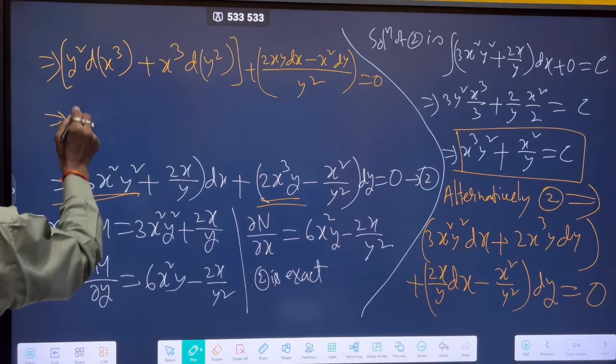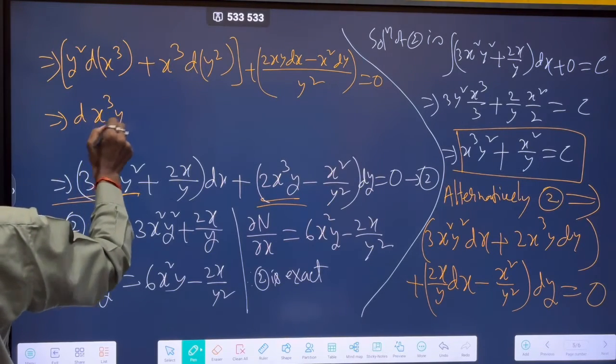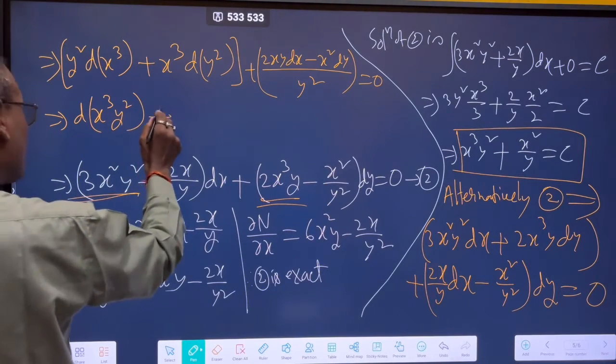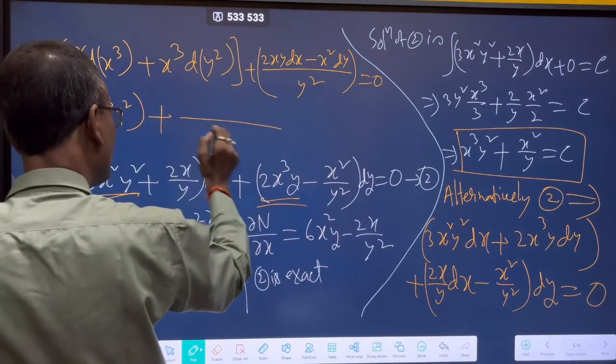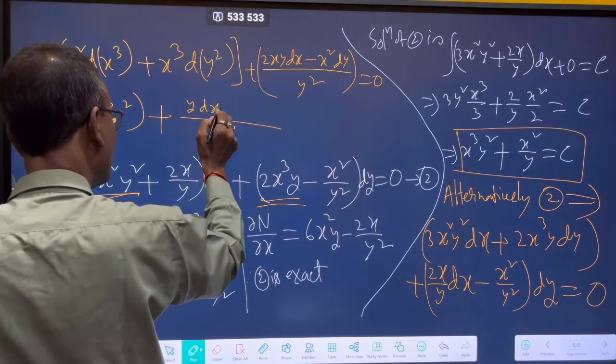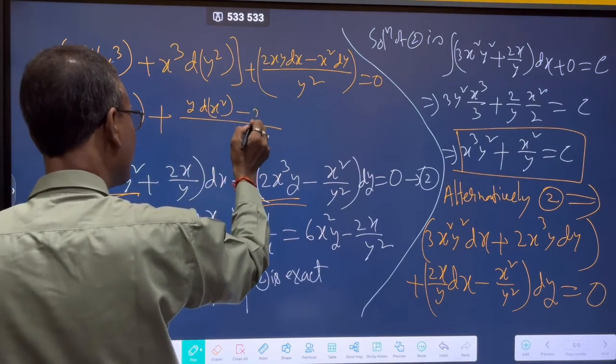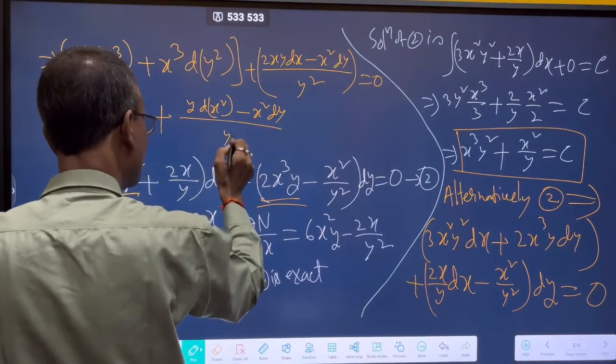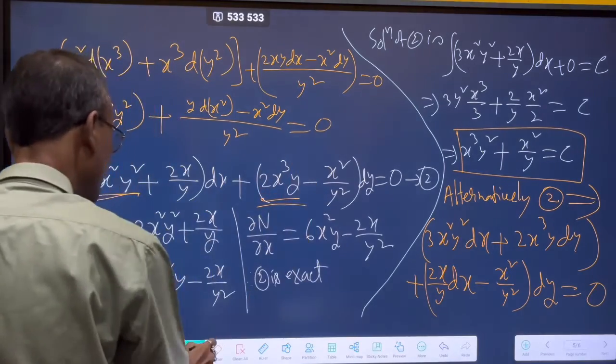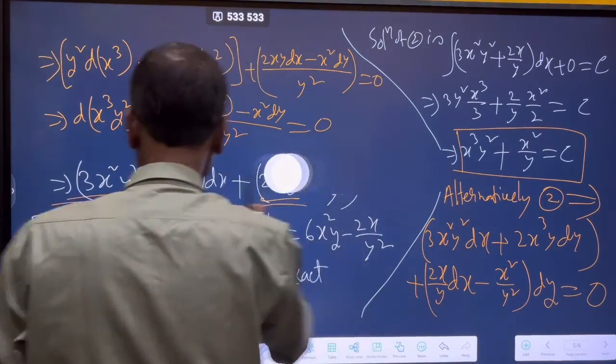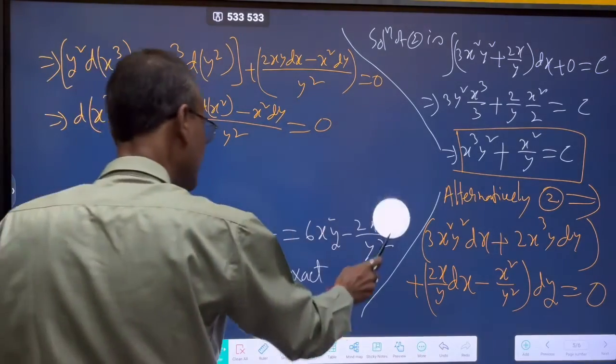This means d of x cube y square plus, you may write here, y d of x square minus x square dy divided by y square equal to 0. You may write like this.